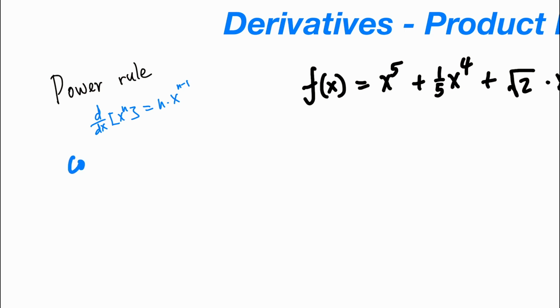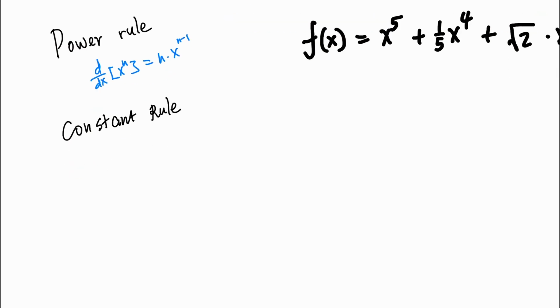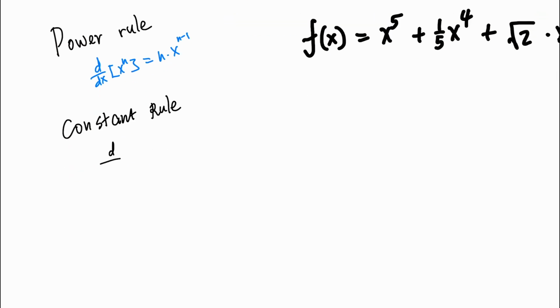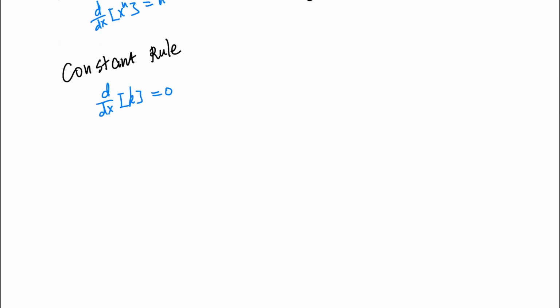And the constant rule, and that is simply just d dx, or the derivative of k is equal to 0, and this is just by looking at graphs and proving it using the definition of derivatives.